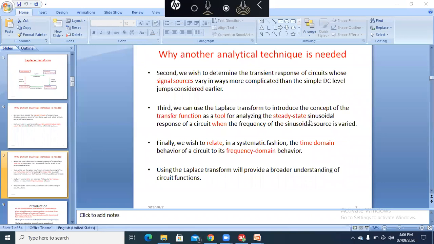How can we say the transient response and the steady state response in a clearer way? We have seen the frequency response of a simple RC circuit, right?